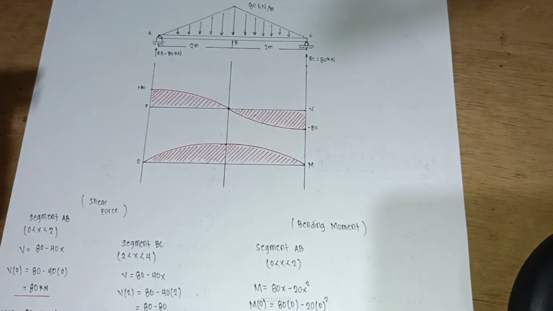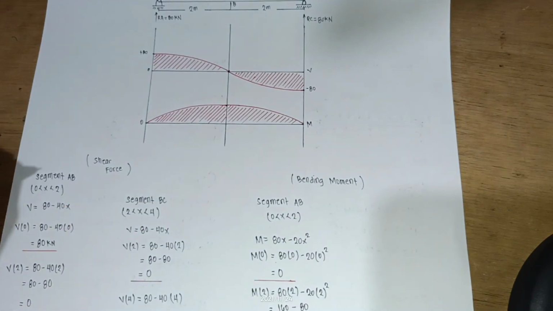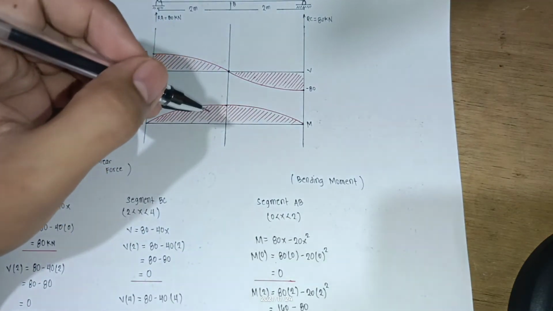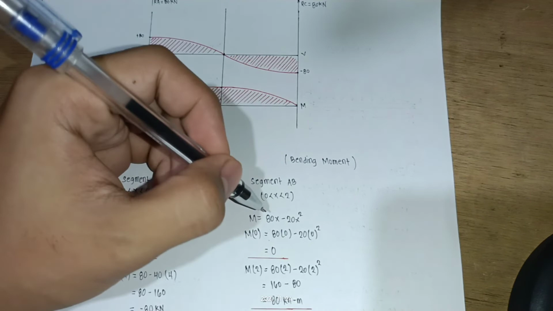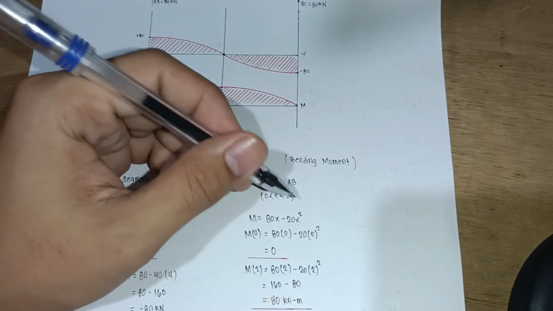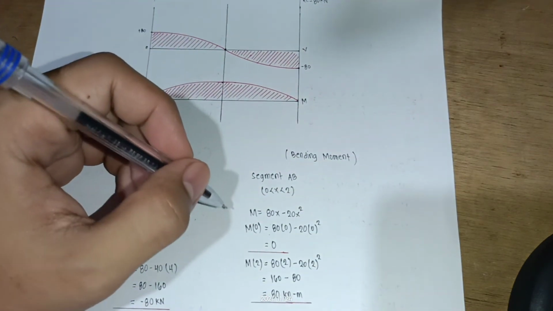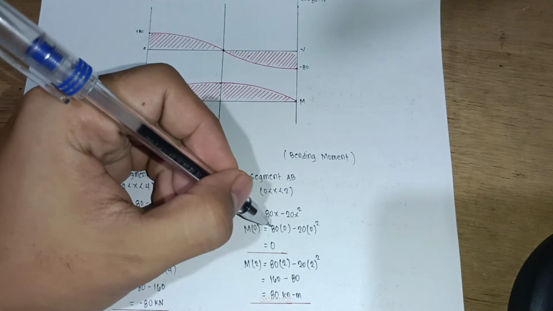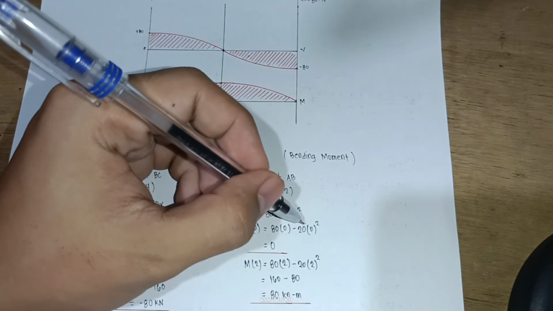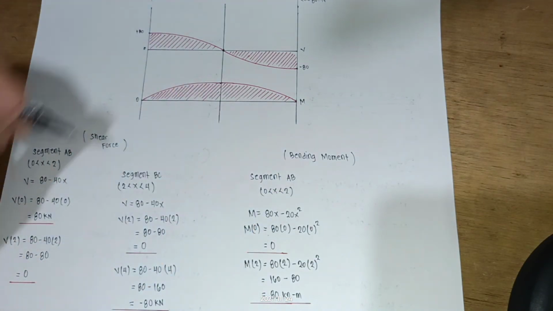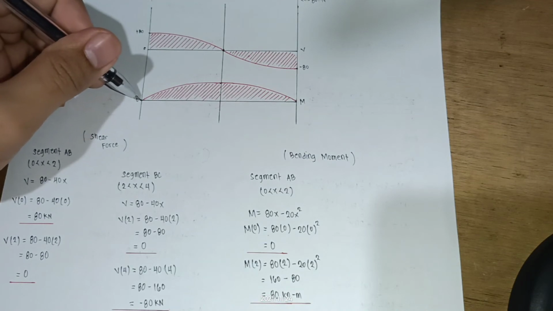Then for the bending moment of segment AB, where x is greater than 0 but less than 2, the bending moment is 80x minus 20x squared. Substituting x is equal to 0, then 80 times 0 minus 20 times 0 squared, it will be 0. So it will be here.